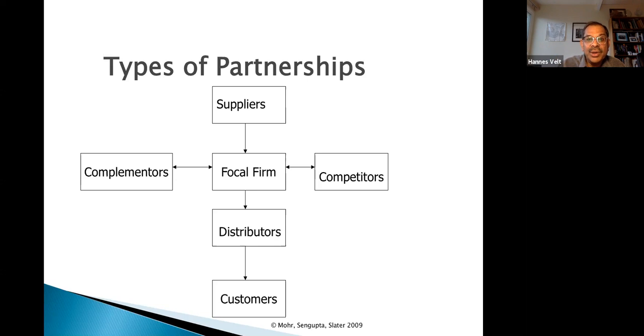Whereas if you look at the horizontal complementors and competitors, they also have their independent vertical supply chains, and they're very busy managing those. So it takes an additional management effort to get the horizontal partners to focus on the supply chain of the focal firm. That requires some additional coordination and management.